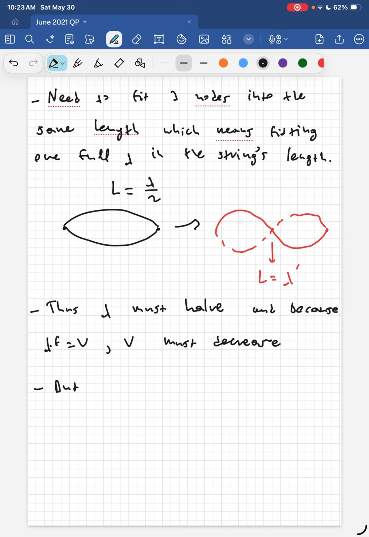But the velocity is the square root of T over mu, the mass per unit length. So T must decrease. And T is provided by the mass hanging there, like the weight of the masses. So the mass must decrease.